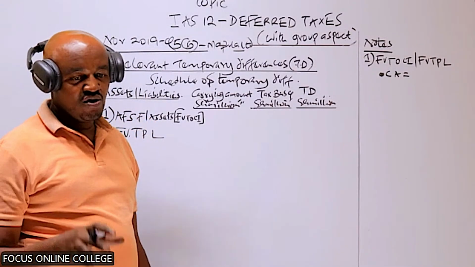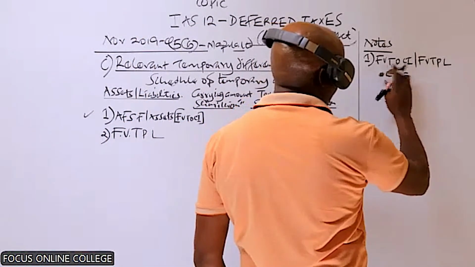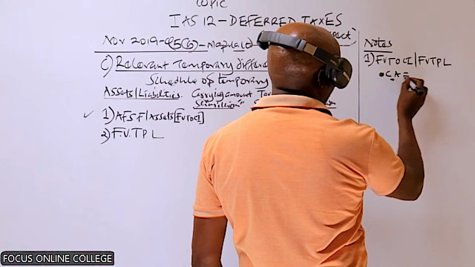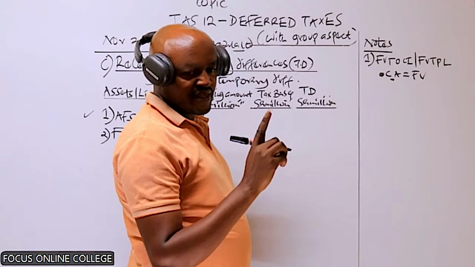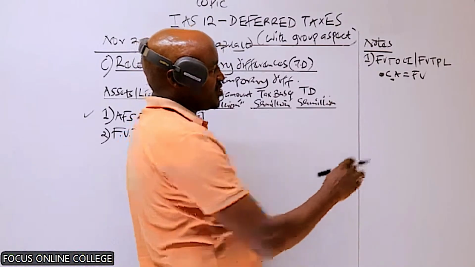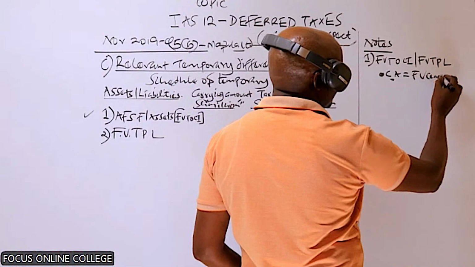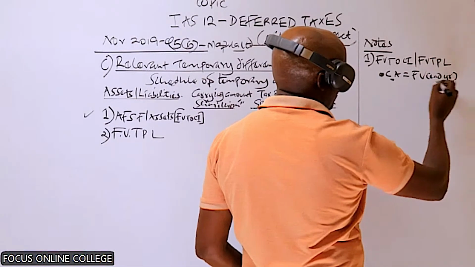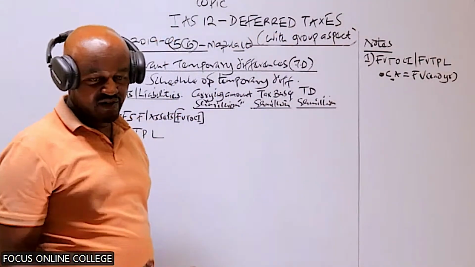If you recall what we discussed in the previous topic, these two assets, as the name suggests, are recorded in the statement of financial position at their fair value. The carrying amount is always equal to the fair value at the year end.